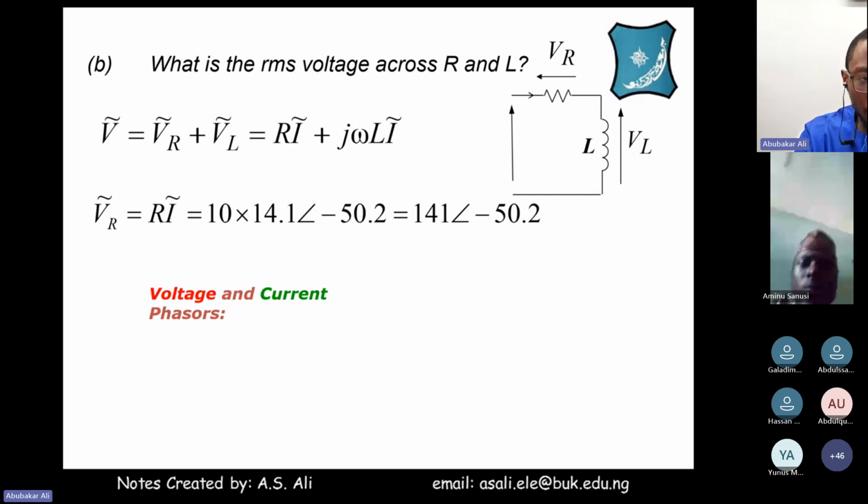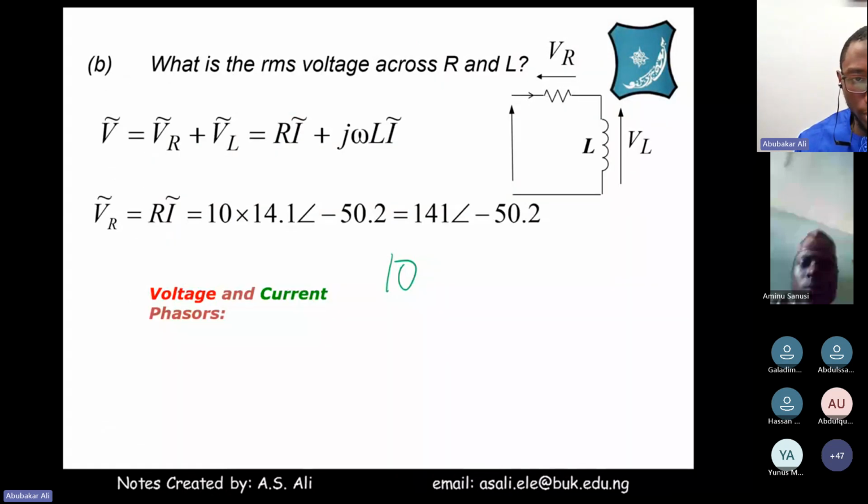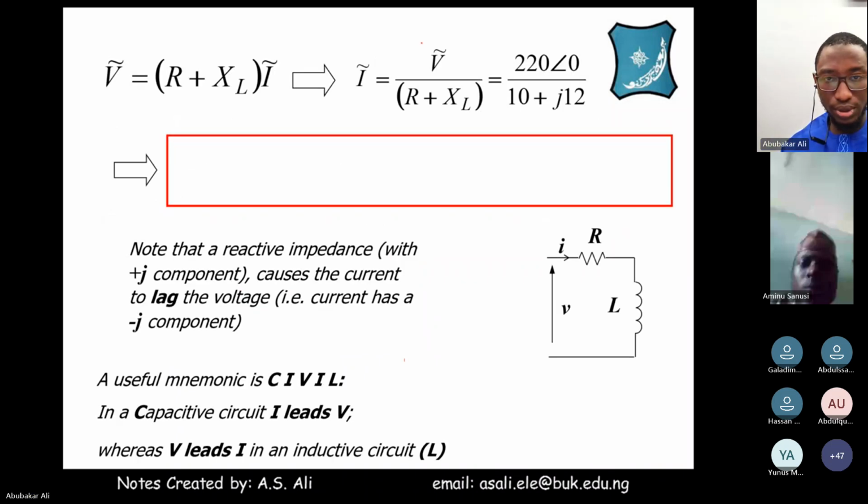What's R? R is 10. And what's the other one? XL is 12. So let's see.